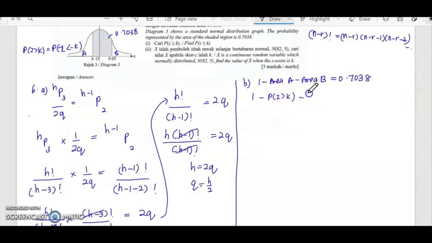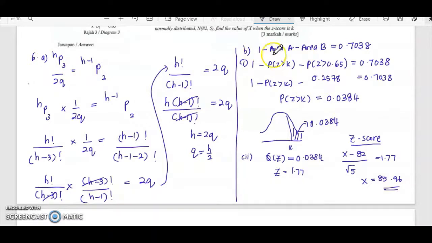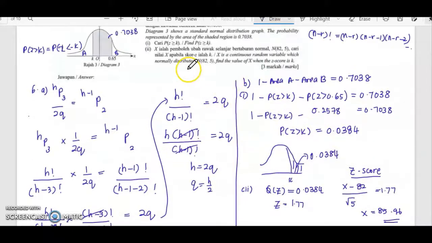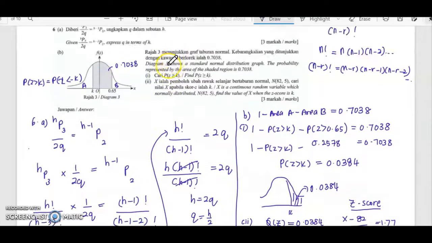Jadi, tolak dengan area B. P(Z greater than 0.65). Okay, so kita kena tengok table kat sini. So, tengok table 0.65 kita dapat berapa? Okay, for this part, kita tolak dia. Kita akan dapat P(Z greater than k) is equal to 0.0384. That is the answer for question number 6B1.